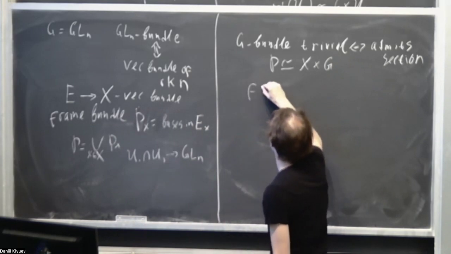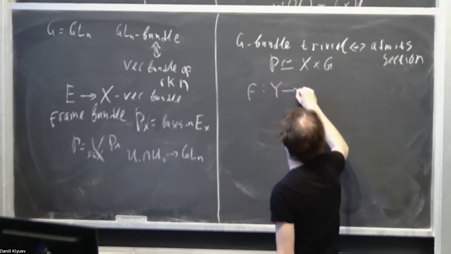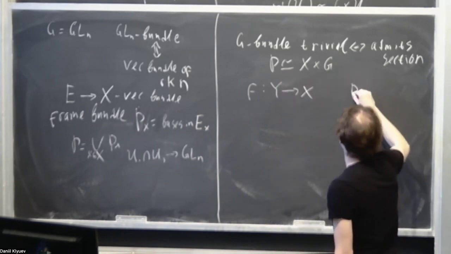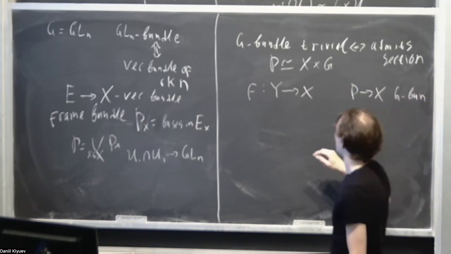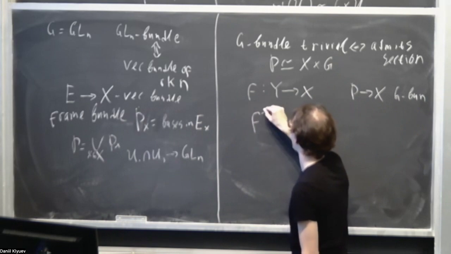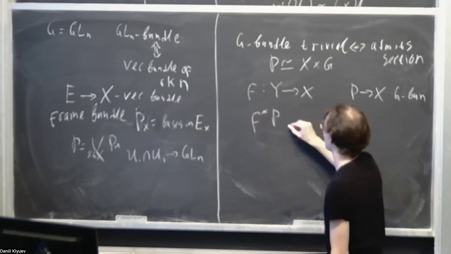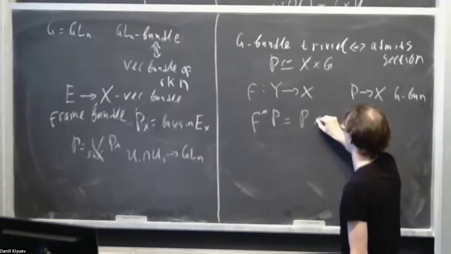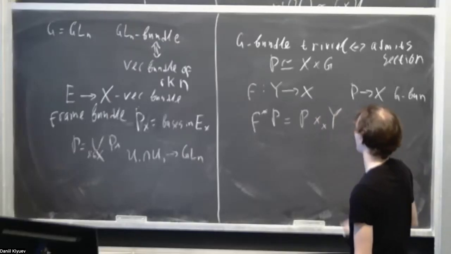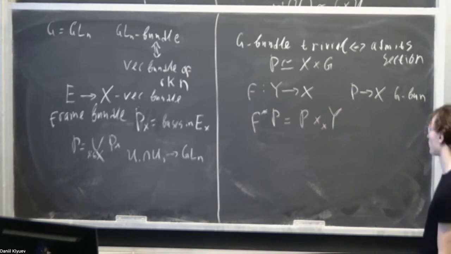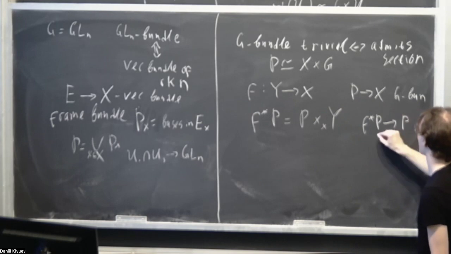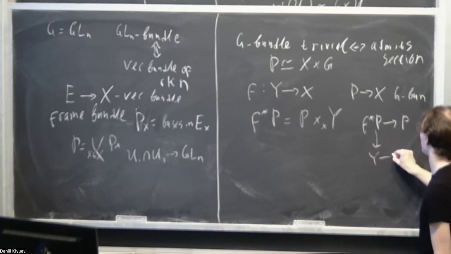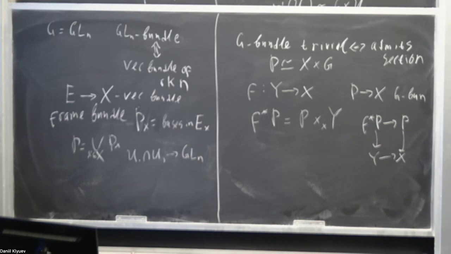So if there is a map, let's say f from Y to X, and we have a G bundle P over X, then we have f^* P, which is defined just as P fibered over X times Y, using this Cartesian square, and it's easy to check that this is still locally trivial.